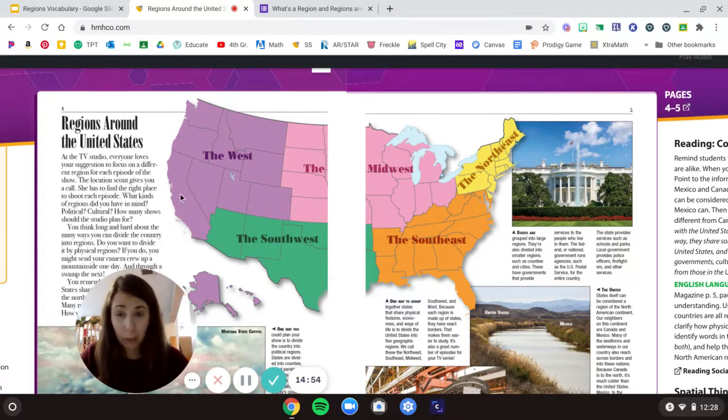Over on the West, they do some computer programming and stuff. Now, that doesn't mean that there aren't those skills in the other regions, but each region kind of has its main thing that it's known for. Okay, so sometimes that is what might bring people to move out to different regions or different states for their jobs because they want to go to that region that it's known for.